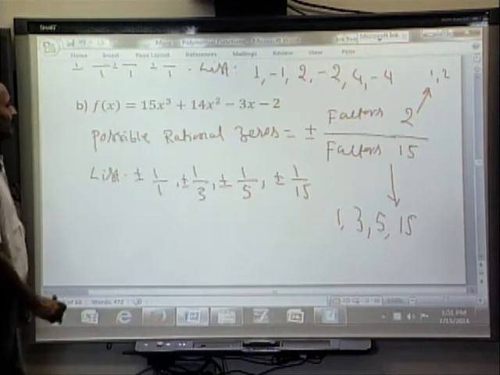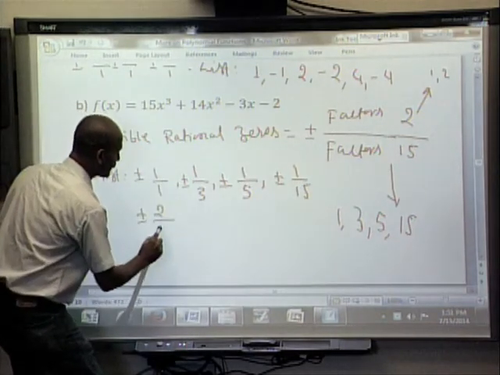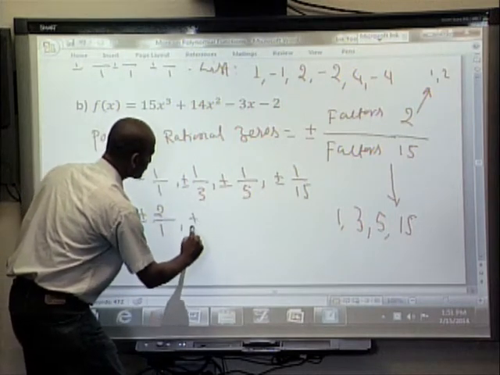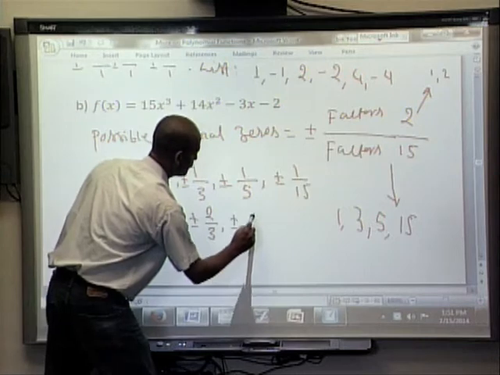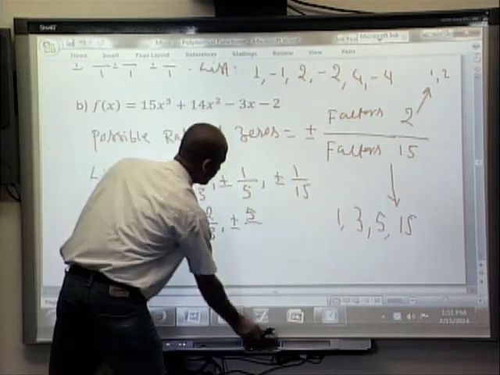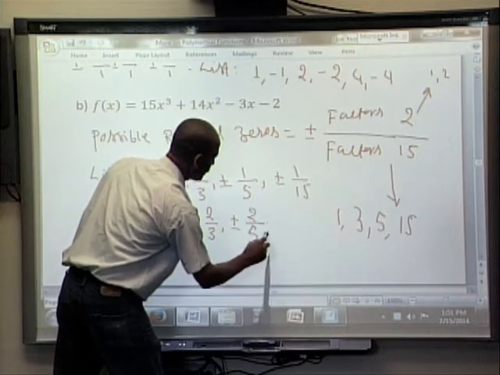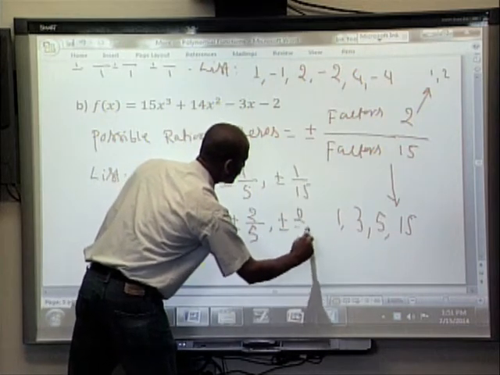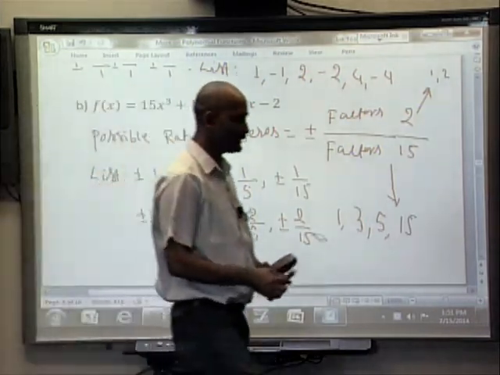This is with 1, and with 2, putting 2 in the numerator, we will get plus minus 2 over 1, plus minus 2 over 3, plus minus 2 over 5, and plus minus 2 over 15. So, this is a huge list.